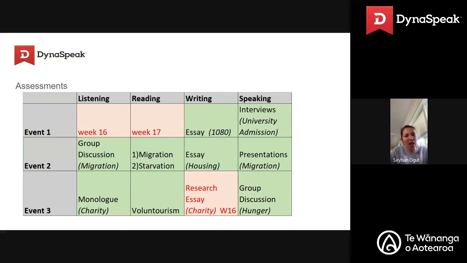I know that sometimes it was quite demanding, but look at the green part of this table. You have completed most of them. Well done on you. You have completed the writing and the speaking for the interviews.